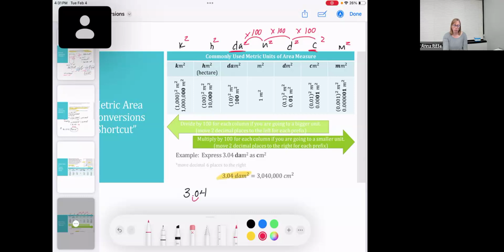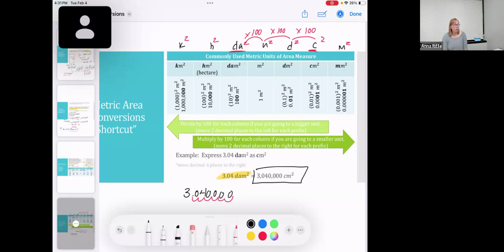So I'm going to move 1, 2, 3, 4, 5, 6 decimal places to the right because I moved 3 units to the right. So we end up with 3,040,000 square centimeters.